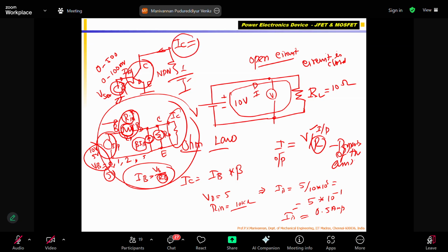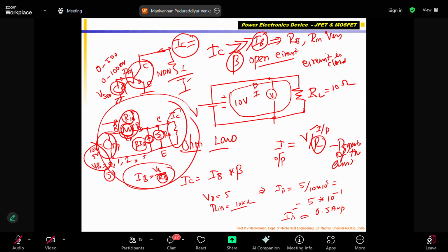I want IC to be bigger than IB, which means IB should be less. If IB has to be less, RBE or the internal resistance should be very high, correct? If I make it so, then beta should be very high. But we know that if transistor beta goes on increasing, there is thermal drift. Do you remember last time I talked about it in mechatronics? Beta, when we talk about the op-amp, why was the op-amp invented?